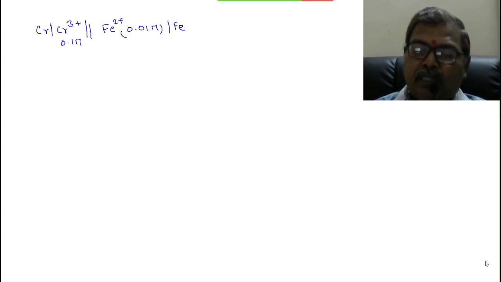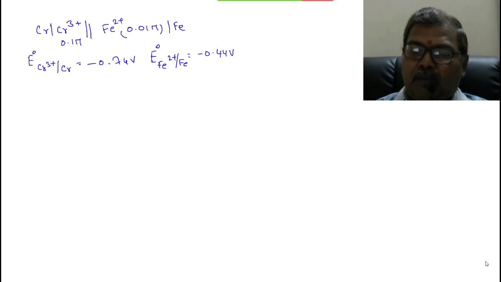And here the information is: E naught of Cr3 plus to Cr is minus 0.74 volts. E naught of Fe2 plus to Fe is minus 0.44 volts. This is the given information.